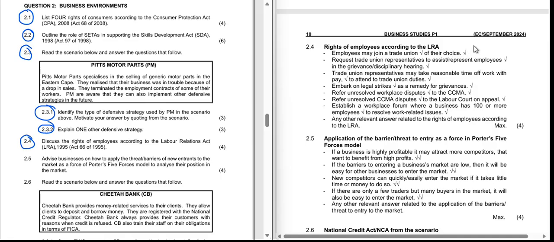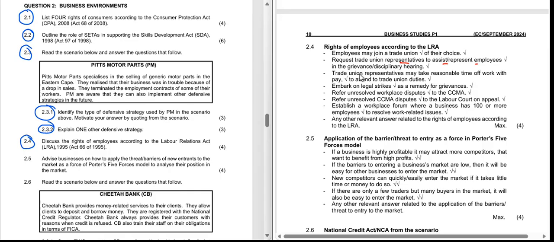You're permitted to do that by the Labor Relations Act. And also to request trade union representatives to assist or represent employees in grievance or disciplinary hearings. In the event that something happens, you are in trouble, you can request a trade union representative to represent you. They're like your lawyer, something like that.